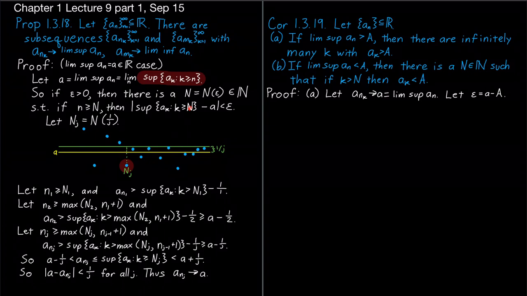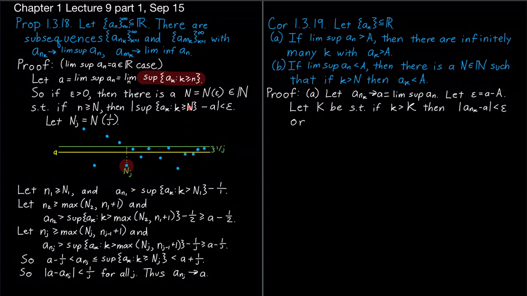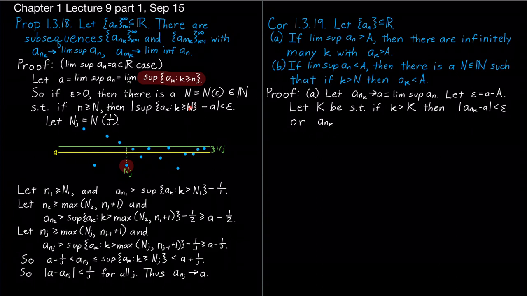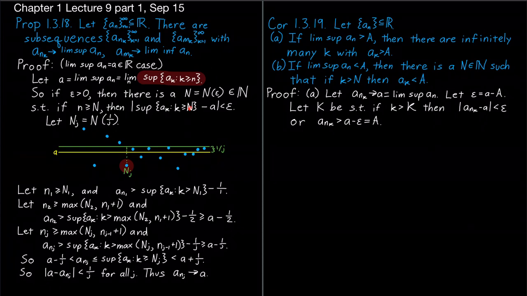And we're going to let K be such that if little k is bigger than big K, then a_n_k minus a is less than epsilon, and if you work through the absolute values, a_n_k has to be bigger than a minus epsilon, which is our big A, and there are infinitely many such k, so that means there's infinitely many a_n_k's, which are all ultimately a_n's that are bigger than big A.